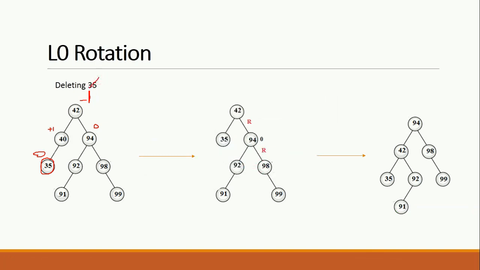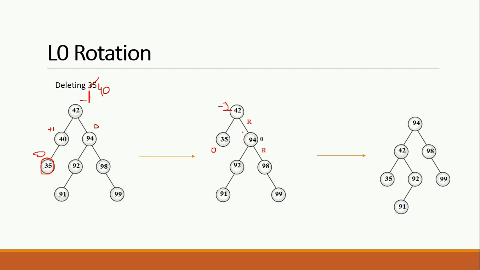Suppose I am deleting this node 40 here. Once I deleted 40, since 40 has one child only, the grandparent will take care. Now see this, here it is 0 now, and then here it is 1 and 3, that is minus 2.